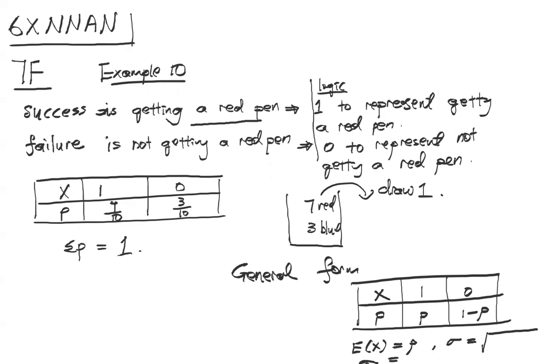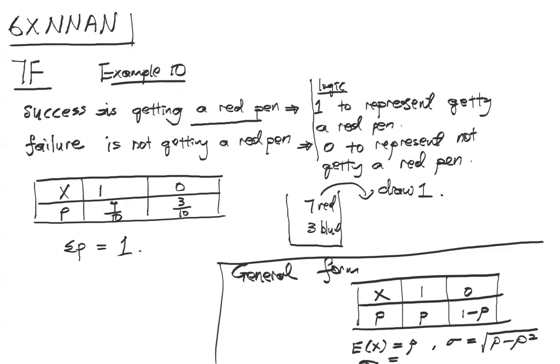I expect you to look through it by yourself. So it's the sum of xi squared times P, minus mean squared. Am I right? So you will get P minus P squared. Okay, so this is the general form.